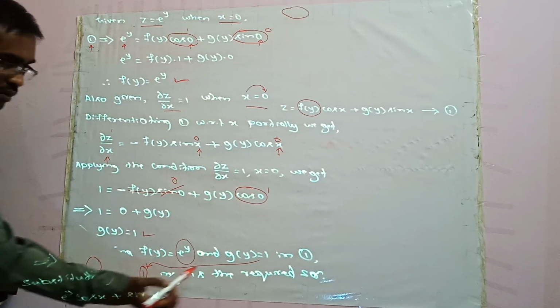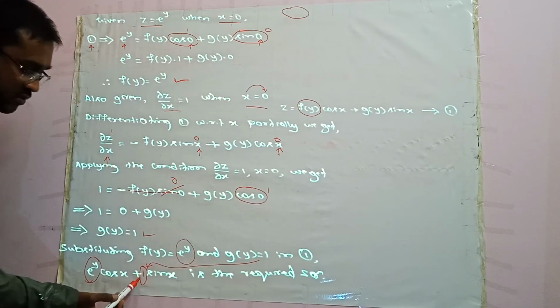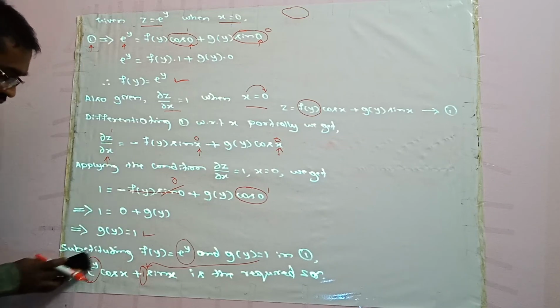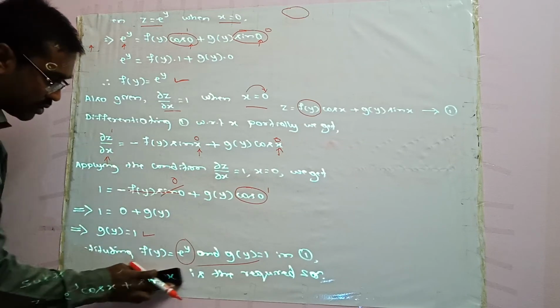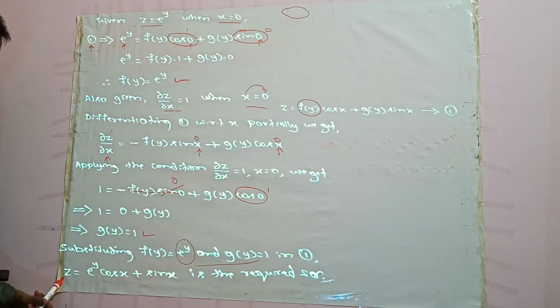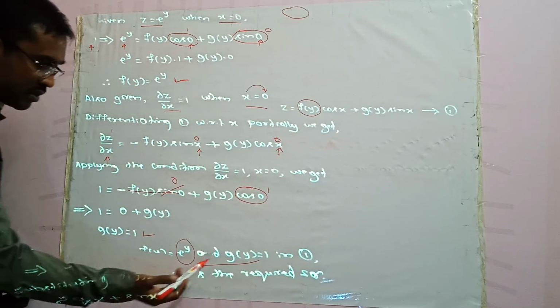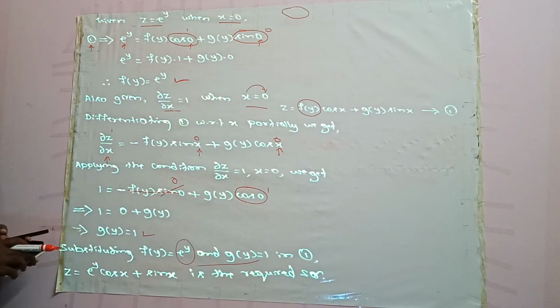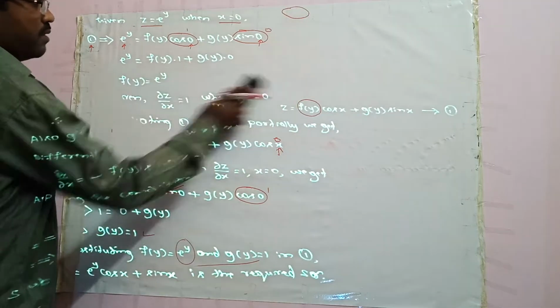If you simplify that, you get the solution: z is equal to e to the power y cos x plus sin x, which is the required solution for the given PDE.